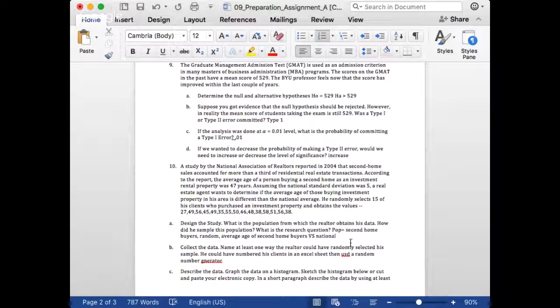They don't ask for the null or alternative, but basically the null in this case would be it's equal to 47, and the alternative would be it's not equal to 47. And there is a range: the standard deviation here is 5, so if the average age is 40, that would be an unusual number. But if his average age is 45, that's within the standard deviation, so it's not a big deal.